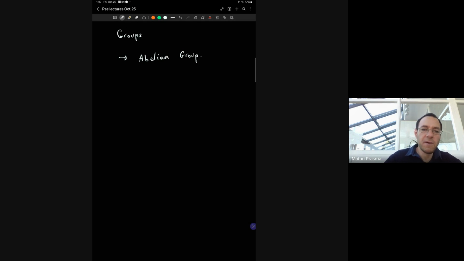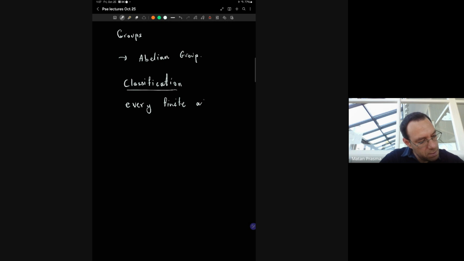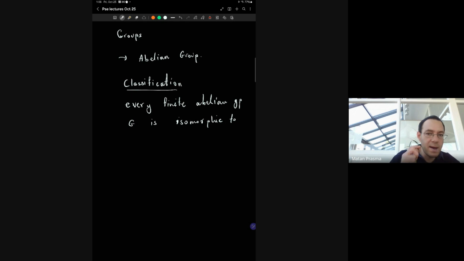And for abelian groups, we had what is called the classification, which means that every finite abelian group G is isomorphic to a product of cyclic groups, but there are two ways to write it. So, finite of order n.